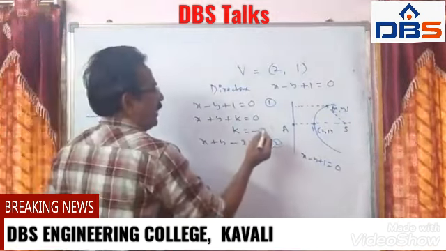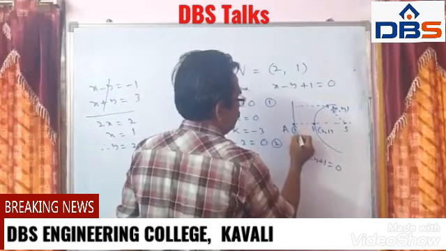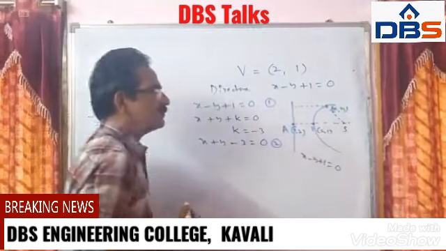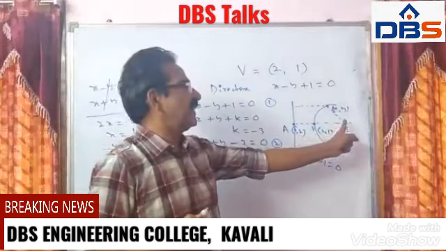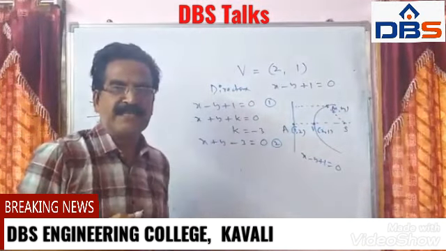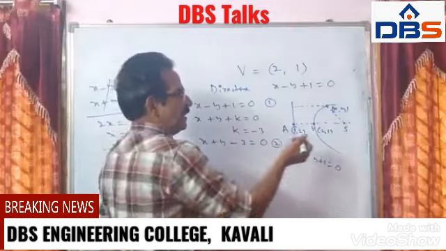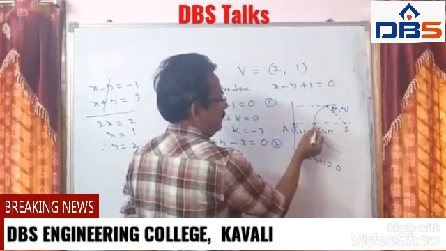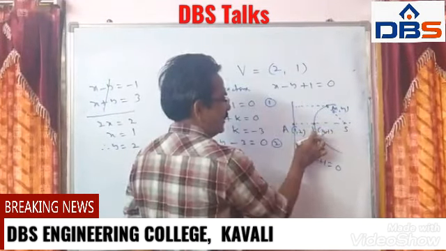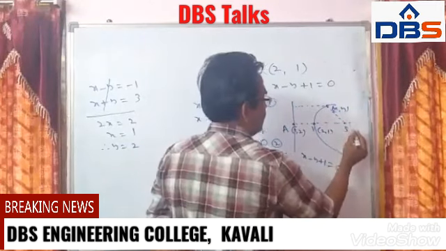So this point is 1 comma 2. Now we can find the focus, because V is the midpoint of A and S.